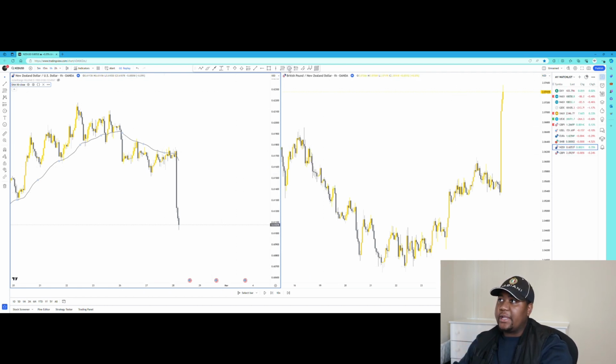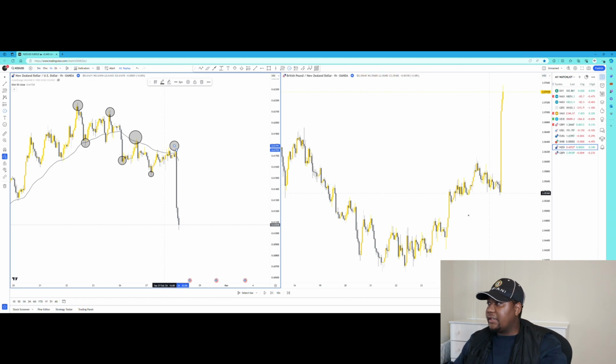Now let's go to NZDUSD, and as you can see, this trend started a few days before, in the same week. If we break it down, we have lower highs, lower lows, and when the news came in, it just created a lower high.